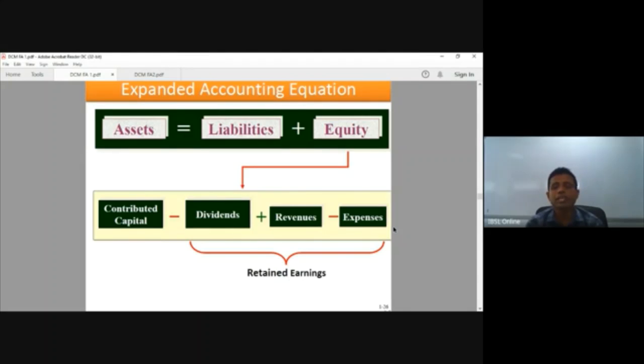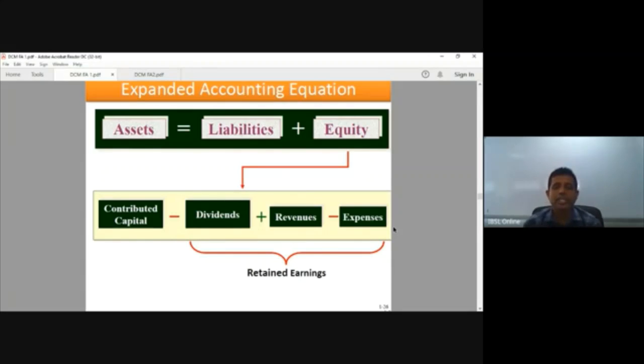The other two parts are revenue and expenses. Revenue means income, expenses mean our day-to-day expenses. For easy reference, contributed capital: when you contribute more capital, your equity will get increased. When you pay dividends, your equity will get decreased, right?